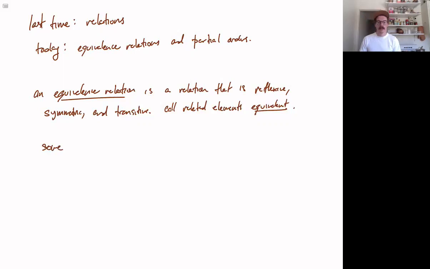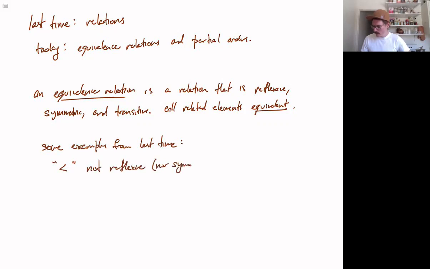So let's look at some of the examples we saw last time. For example, the less than relation is not an equivalence relation because it is not reflexive, nor symmetric.